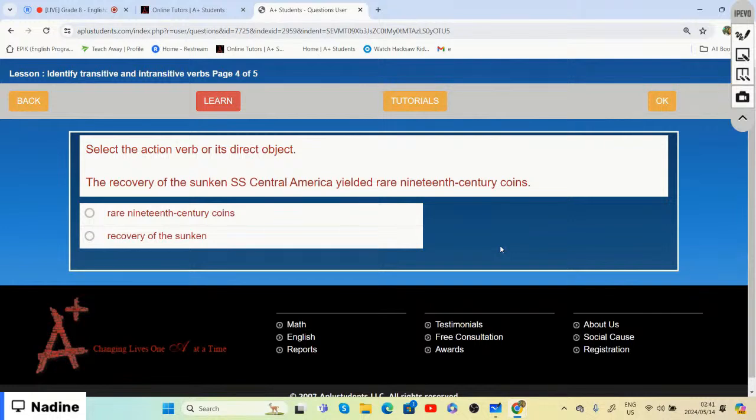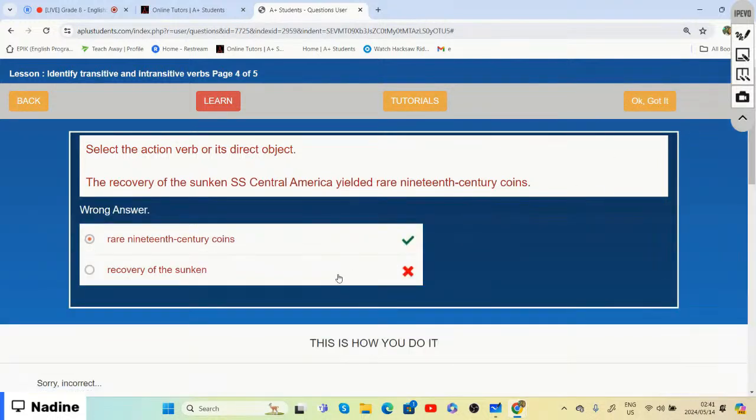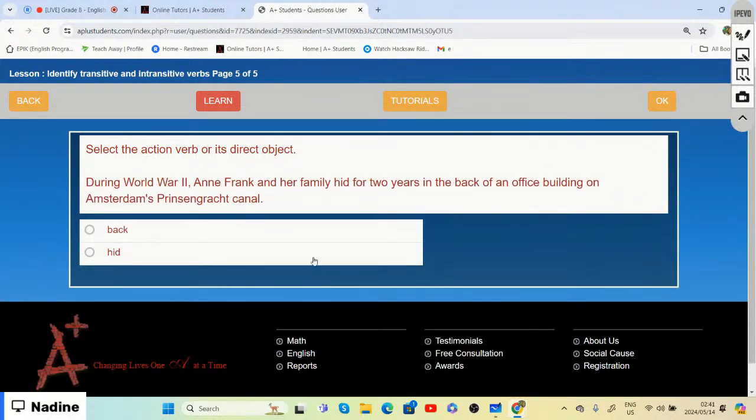Oh, it's yielded rare. It's a rare because it's yielded rare. So that is actually our direct object.